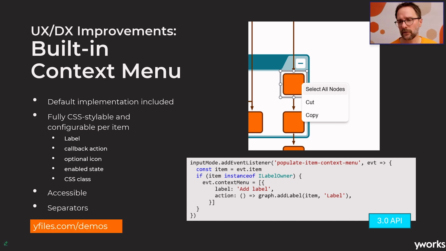But with recent advancements in CSS styling, we now added a default simple context menu out of the box, so you don't have to bring your own menu anymore, and you can still customize it using CSS. And it's actually a pretty complete implementation. Of course, you can do things like add labels and icons and enable states and separators and so on. So this results in much less code and has a really nice default implementation. But still, you can bring your own implementation if you want to, of course.